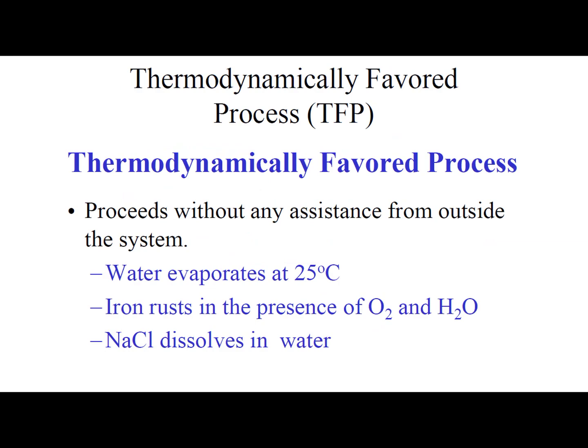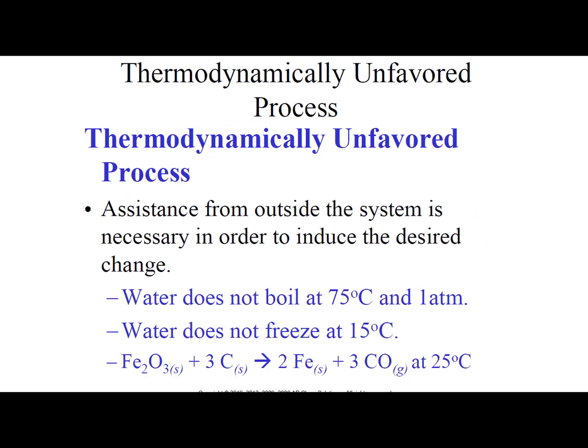And so a thermodynamically favored process is one that does not require energy from outside the system. There's some examples there for you to read, but the universe likes thermodynamically favored processes because it doesn't require additional energy. Thermodynamically unfavored processes require some kind of energy from outside the system in order to induce the desired change.